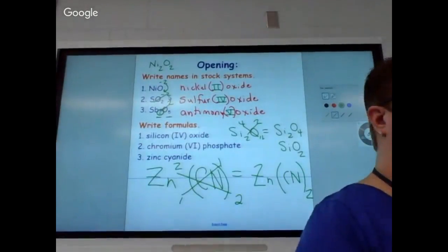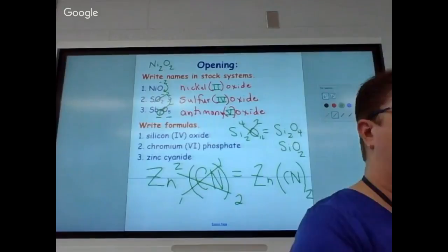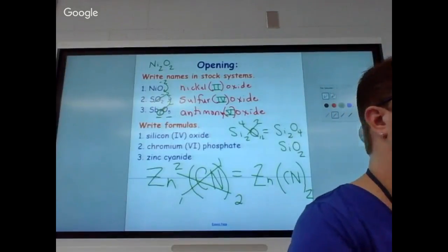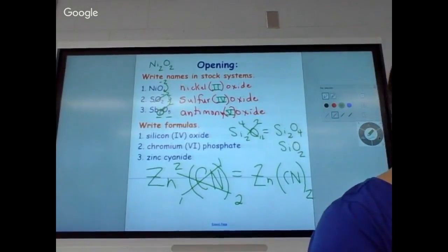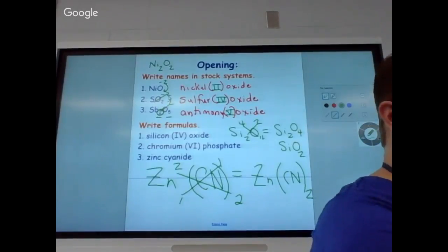All right, so we're supposed to do 1 through 12. Number 1, carbon, Roman numeral 4, oxide. Number 2, carbon, 2, oxide. Number 3, sulfur, 4, oxide. 4, sulfur, 6, oxide. Number 5, nitrogen, 1, oxide.